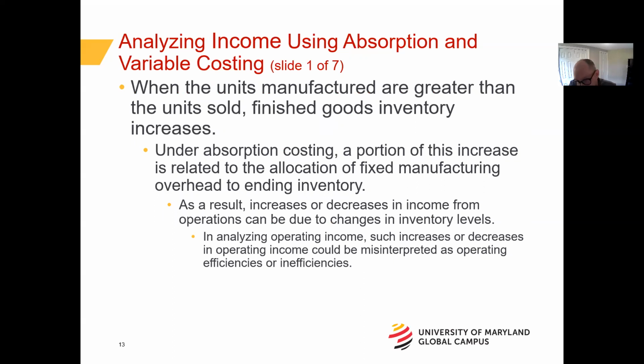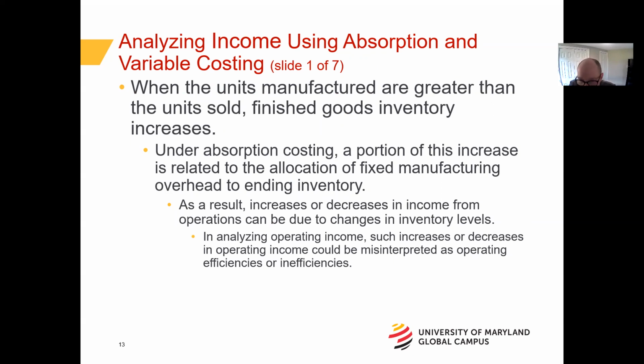And in absorption costing, the increase is related to the fixed manufacturing overhead in ending inventory. This is where it comes into play, okay? Because you're probably wondering, well, how could there be a change in operating income based on whether I'm reporting in absorption costing in comparison to variable costing?